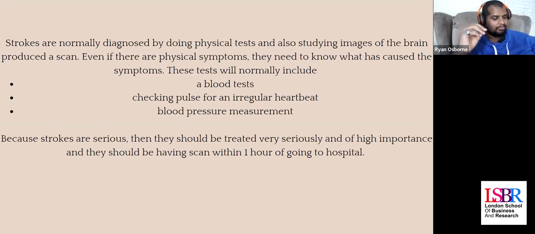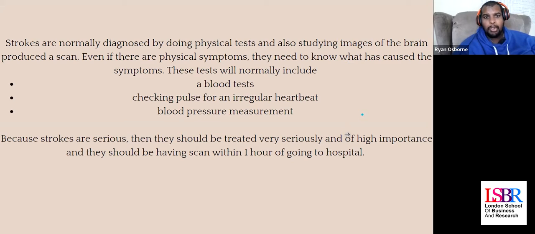If it's not put under control, then that can really cause a big problem, can't it? So we know that strokes are quite serious, don't we? They are very serious, and they need to be treated very seriously too, don't they?